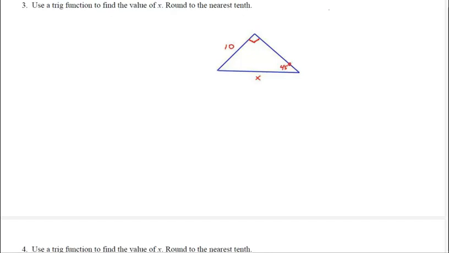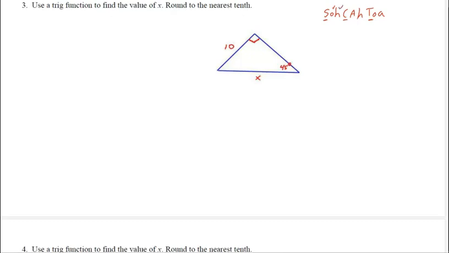So again, you got to think of SOHCAHTOA. You're going to be choosing on this problem from one of the 3 primary trig functions, either sine, cosine, or tangent. Okay, so just think about from the 45 degree angle, given the opposite, and then trying to find hypotenuse.